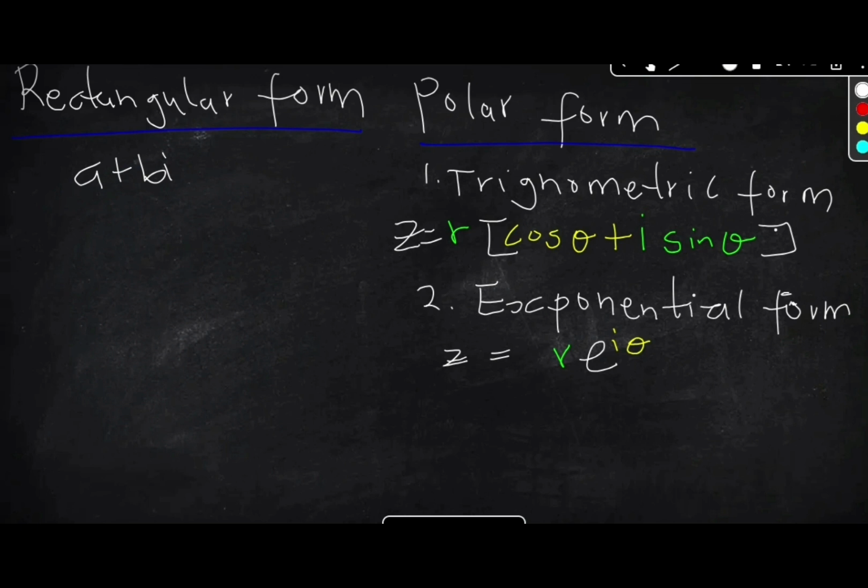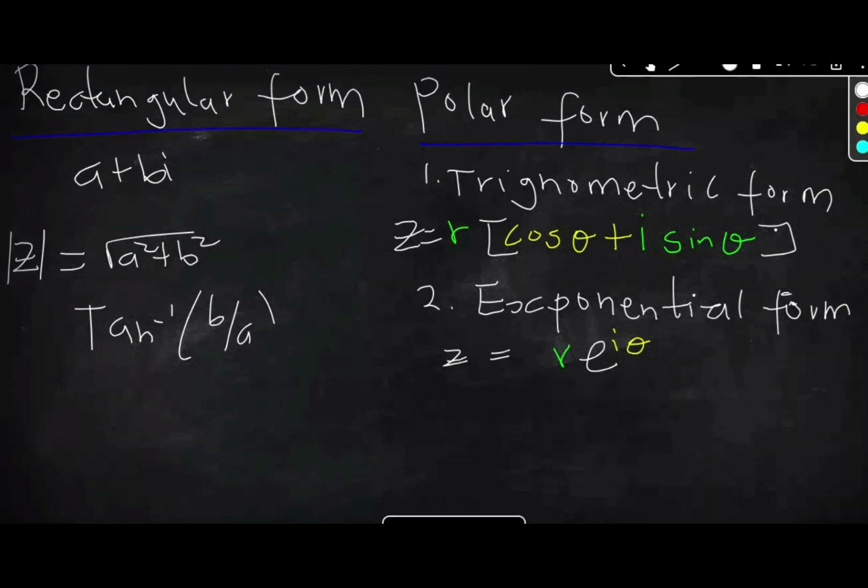We already know that the radius is the square root of a squared plus b squared, and the angle is equal to tan inverse of b over a.